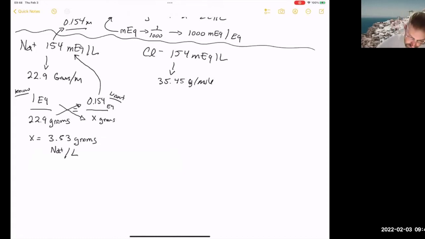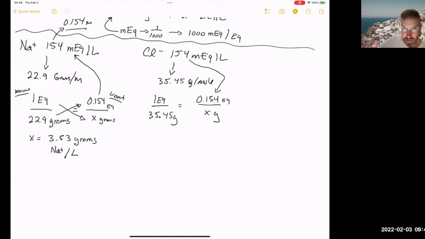And then I'm going to do the same over here with chloride ions. So one equivalent of chloride ions is going to be 35.45 grams. And I have 0.154 equivalents, or 154 milliequivalents, X grams.